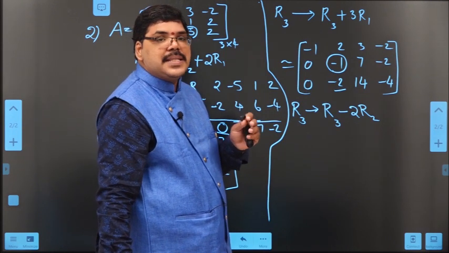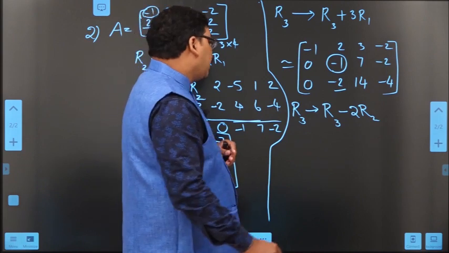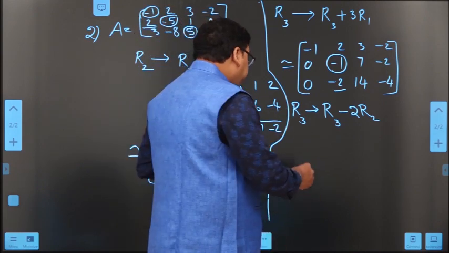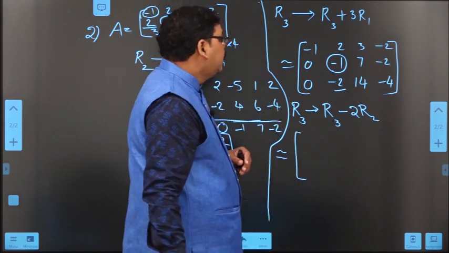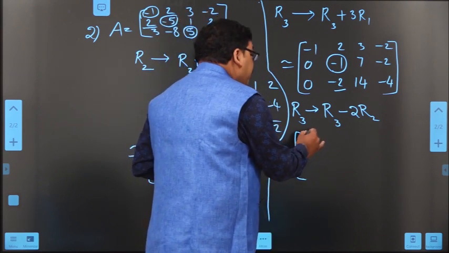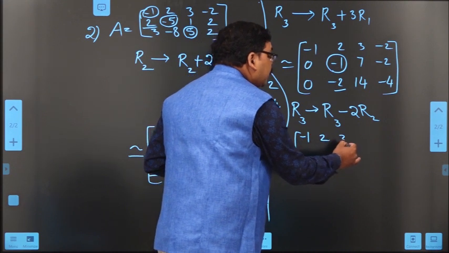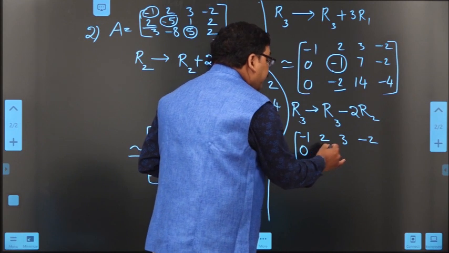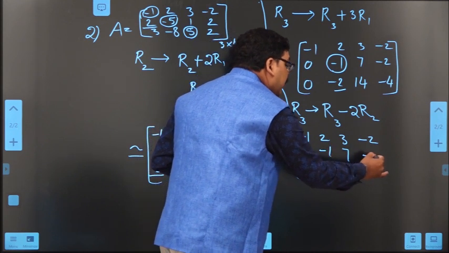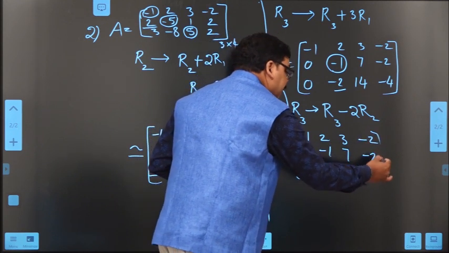So when we apply this row operation, we will get first row no change, second row no change, third row changes, calculate and tell.